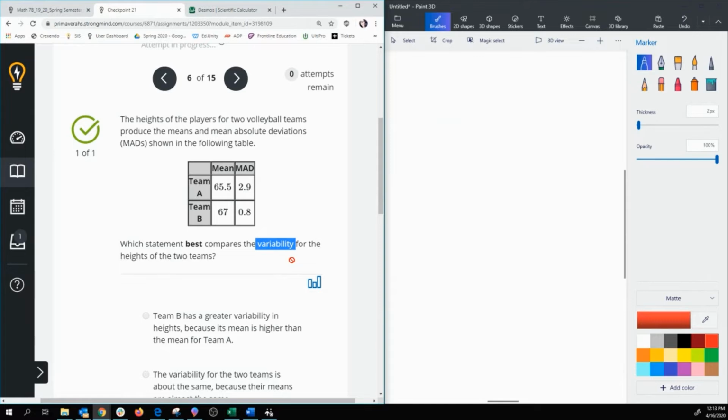So since it's asking about variability, am I paying attention to their mean absolute deviations or their MAD? Or am I paying attention to the mean? Which one do I want to pay attention to here? The mean or MAD? Not necessarily both. One is more important than the other.